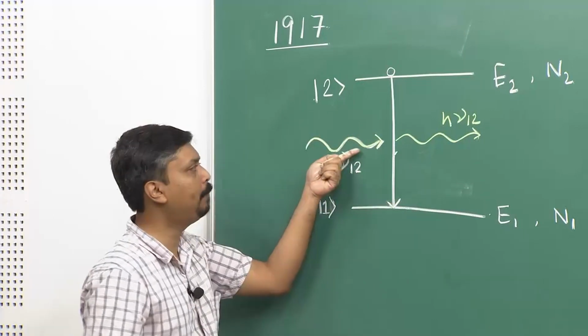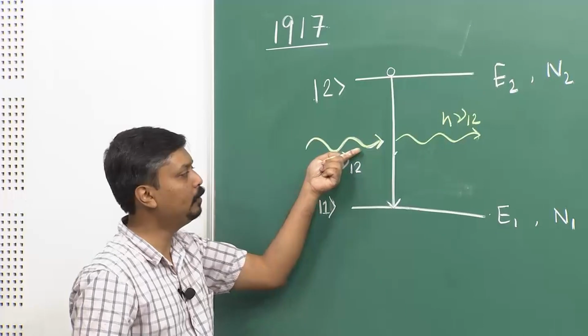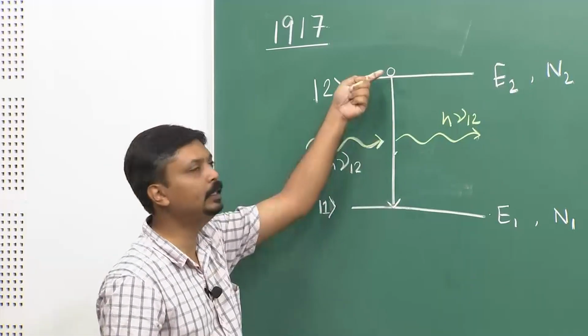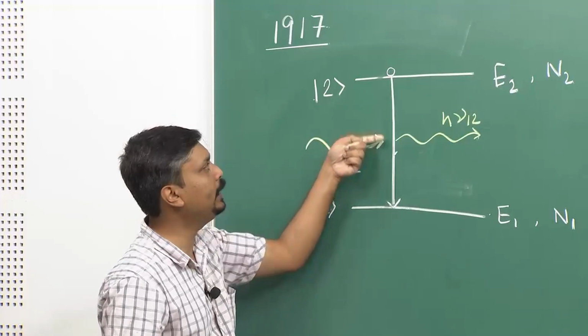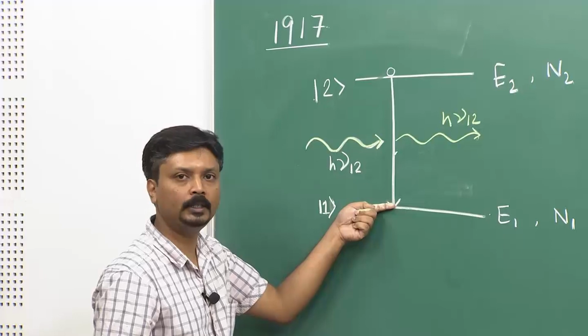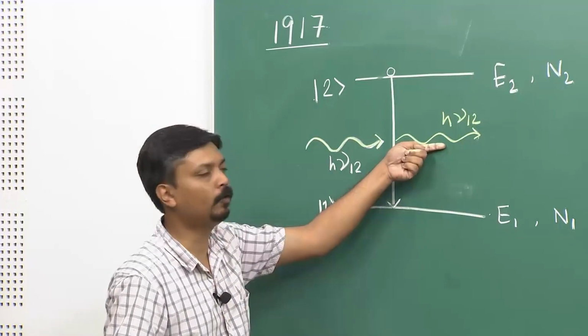Now, what will happen to this photon? That is not going anywhere. In case of absorption, this atom was taking that amount of energy and making this transition, but here the incoming photon is knocking the atom off, and this knocking off process is giving us energy in the form of a photon.